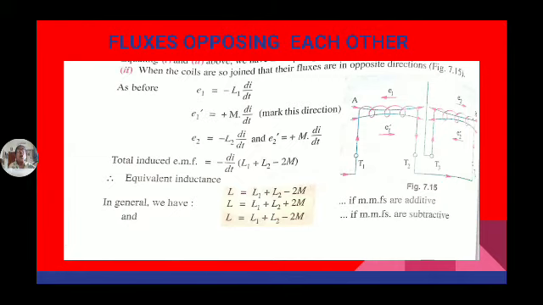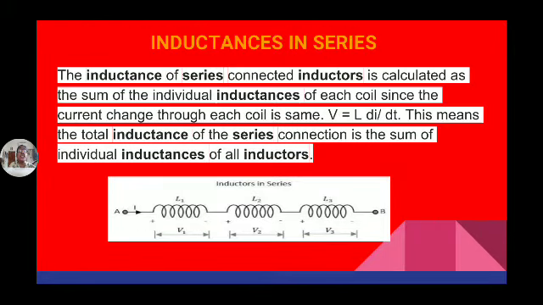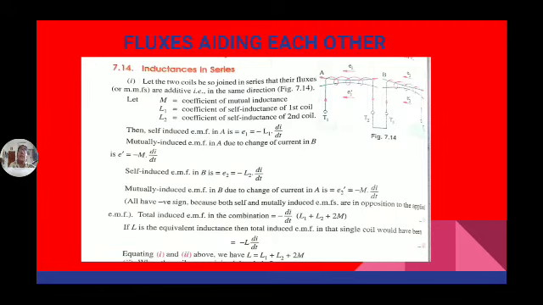So we discussed how inductances are connected in series. What is the total inductance when two inductances are connected in series? It is equal to L1 plus L2 plus or minus 2M. When they are connected in series, the total EMF is equal to the sum of the EMFs developed across the coils, and the current passing through each inductor is the same and is equal to the total current.